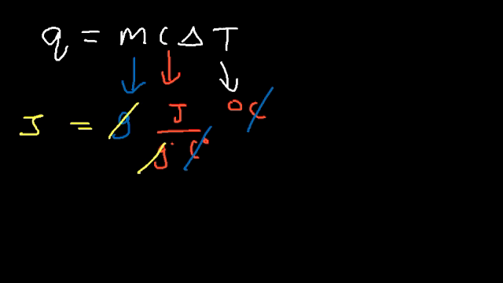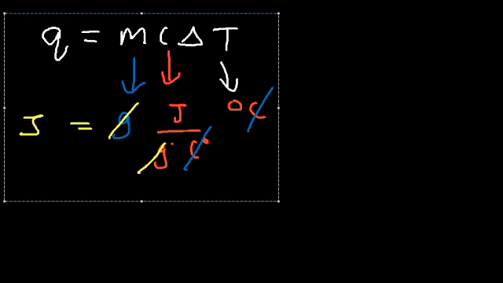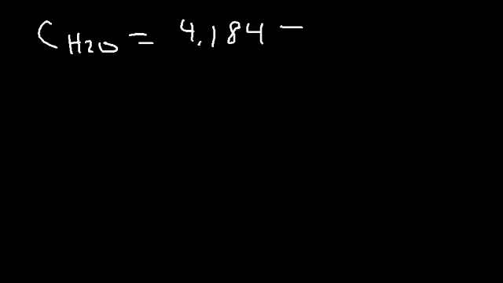But now let's spend some time talking about the specific heat capacity. The specific heat capacity for liquid water, you need to know that it's 4.184 joules per gram per Celsius.